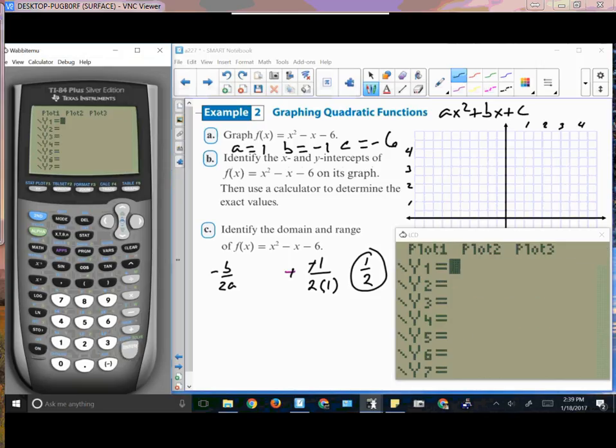I'm going to go to y. I'm going to put my equation. What's my equation? That's the x squared minus x minus 6. I've got that information in.